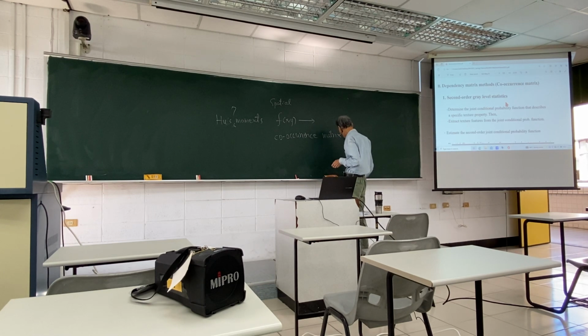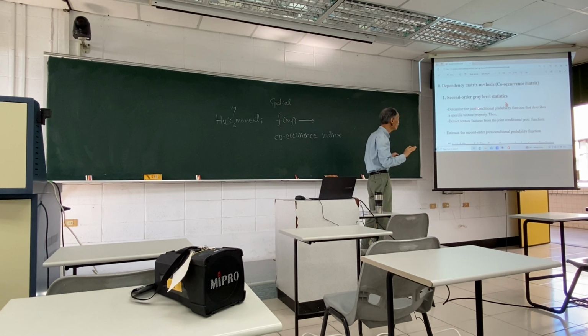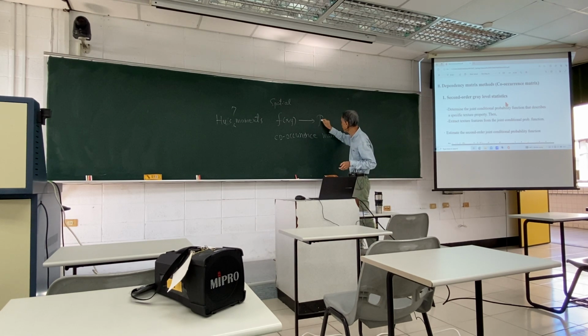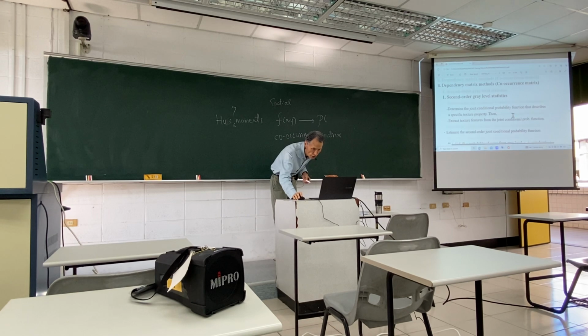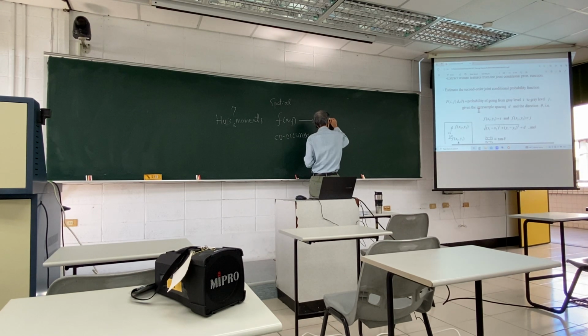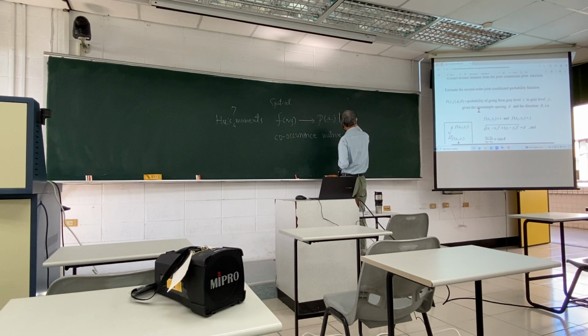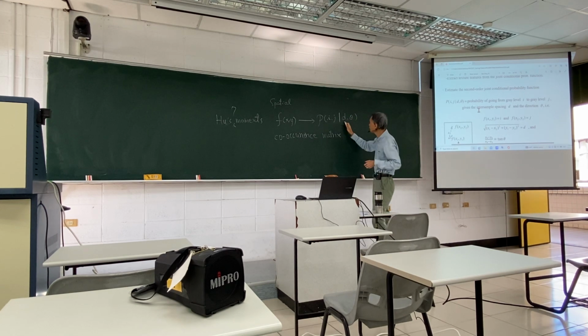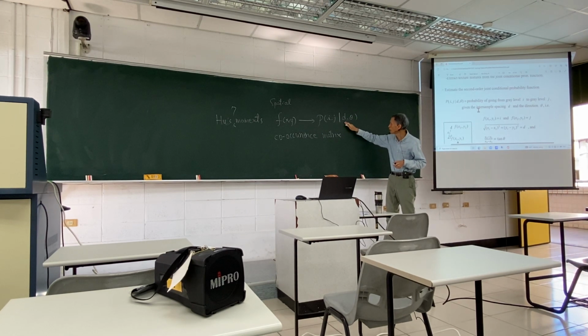Now the idea is we transfer the spatial domain into a so-called joint conditional probability function. Here is the probability P(i,j), which is conditional, meaning it is given d and theta.